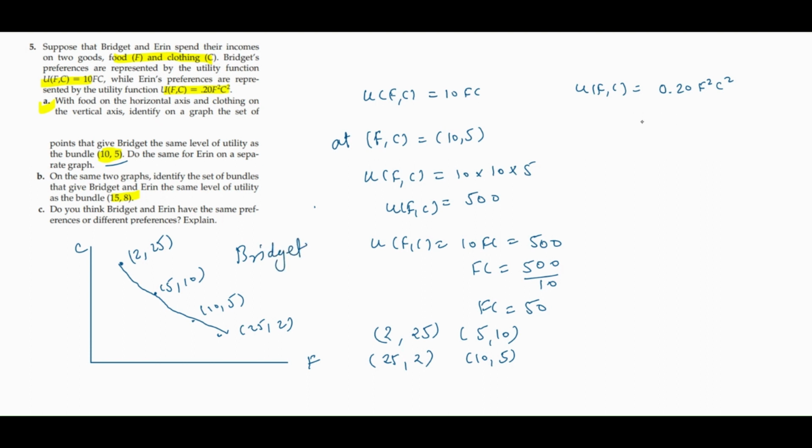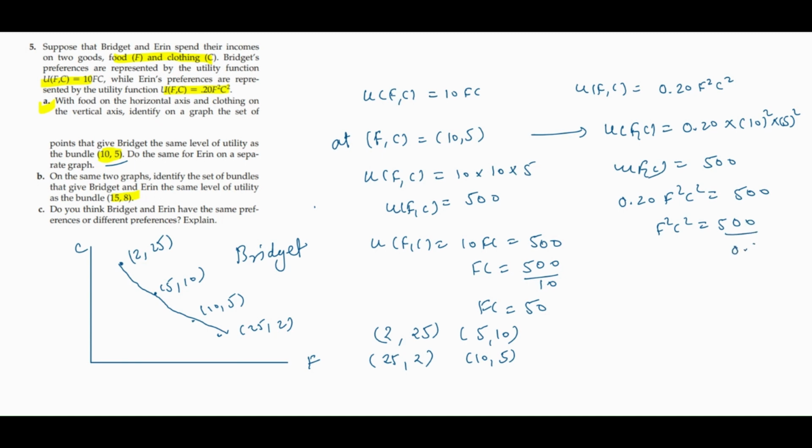Now similarly you can solve for Erin. Put the same values in her utility function and you will find one utility level. If you put 10 squared, which is 100, and 5 squared, which is 25, and multiply with 0.20, you will get 500. So you get the same utility. Now similarly find the condition where you get 500 utility for FC. Divide 500 by 0.20 and you will get 2500.